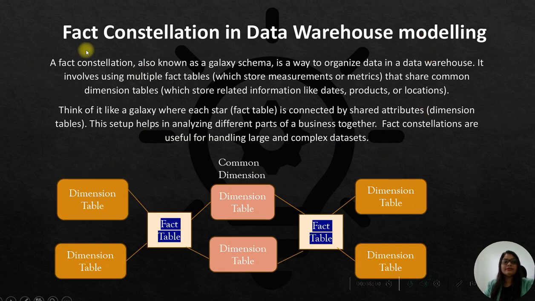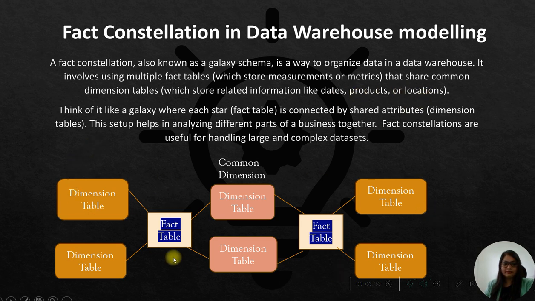Next is the fact constellation in the data warehousing model. Fact constellation is nothing but the Galaxy schema, a way to organize the data in a data warehouse. It involves using multiple fact tables which store the measures or metrics and share common dimension tables, which store related information like dates, product or location.